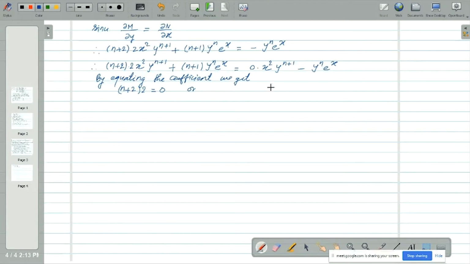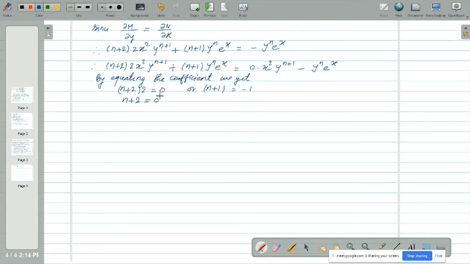Or you can have this expression, n plus 1, equals minus 1, the coefficient of this being minus 1. So if you solve this, you will get n plus 2 equals 0.